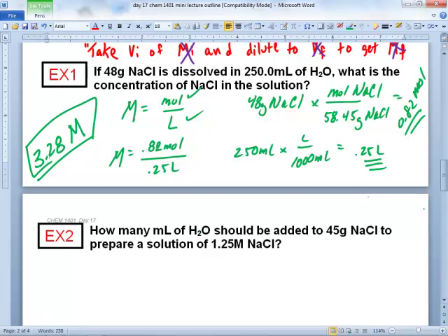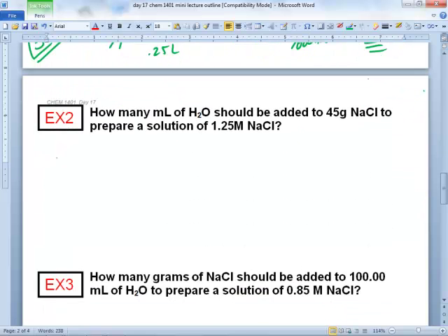Ashlyn, what equation would you use for this one? So MiVi equals MfVf? You always do MiVi equals MfVf if you see what?